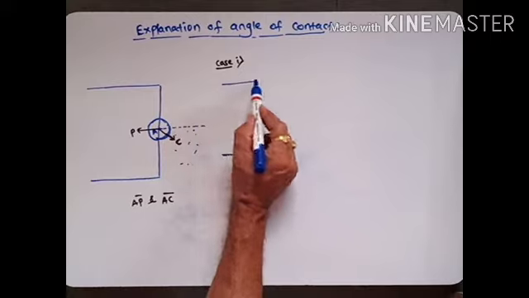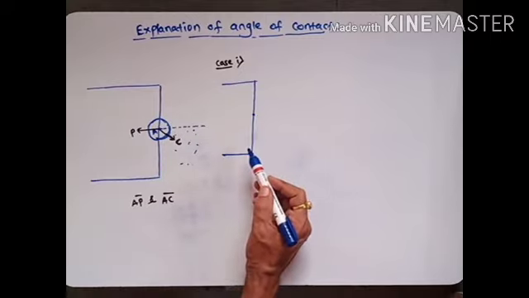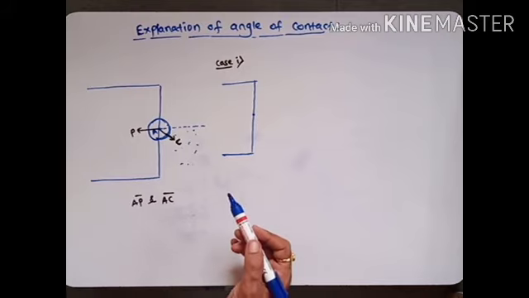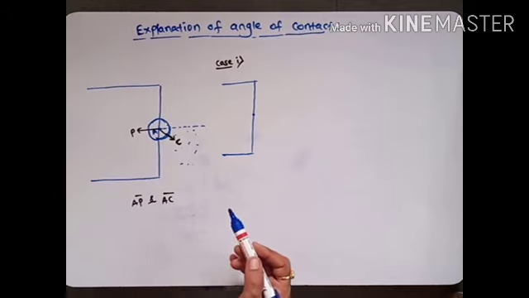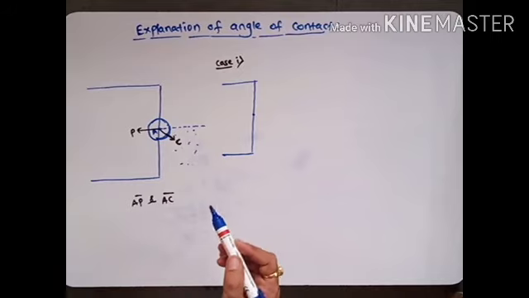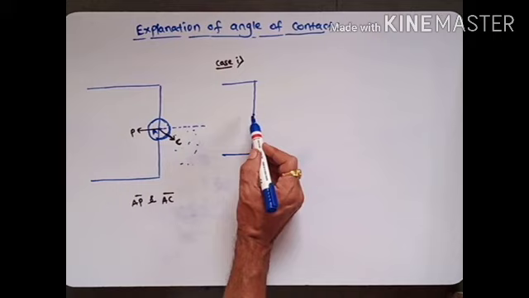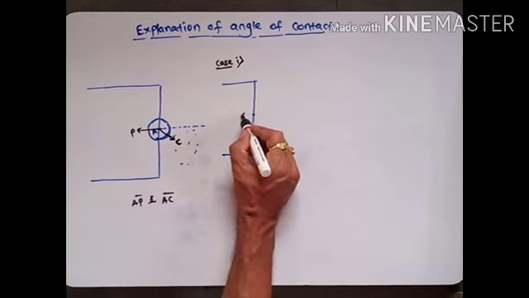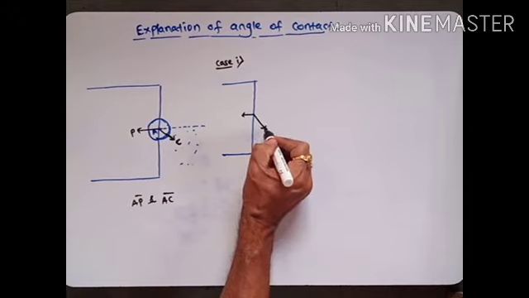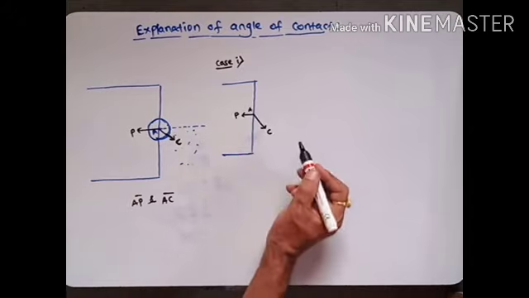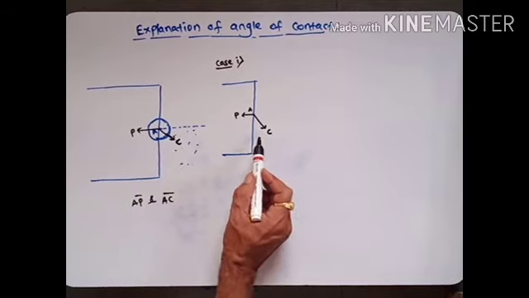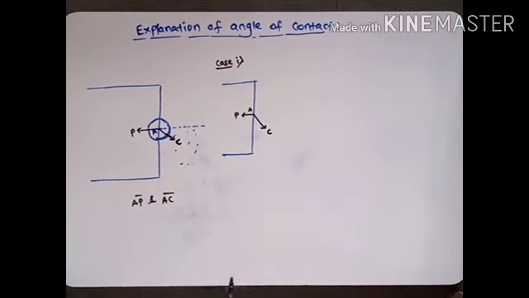Suppose this is the solid, this is molecule A. Now, for liquids which partially wet the solid, AP is large as compared to AC.